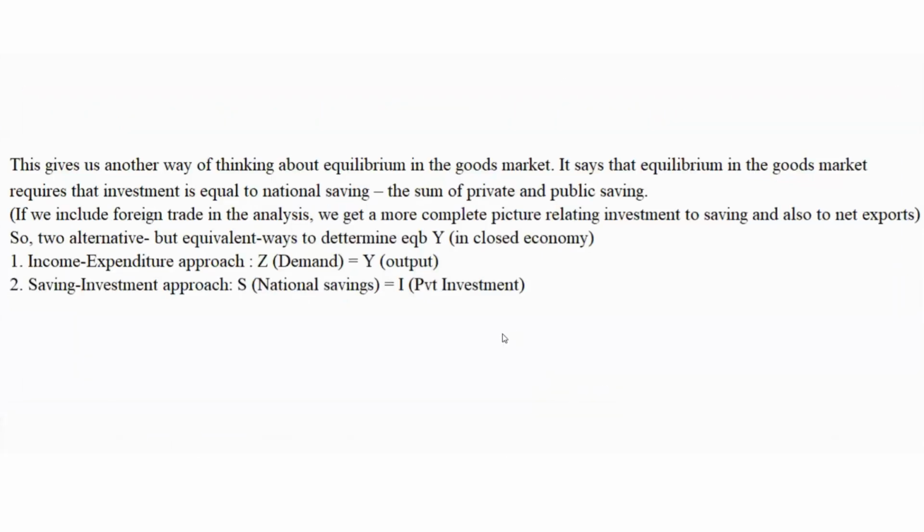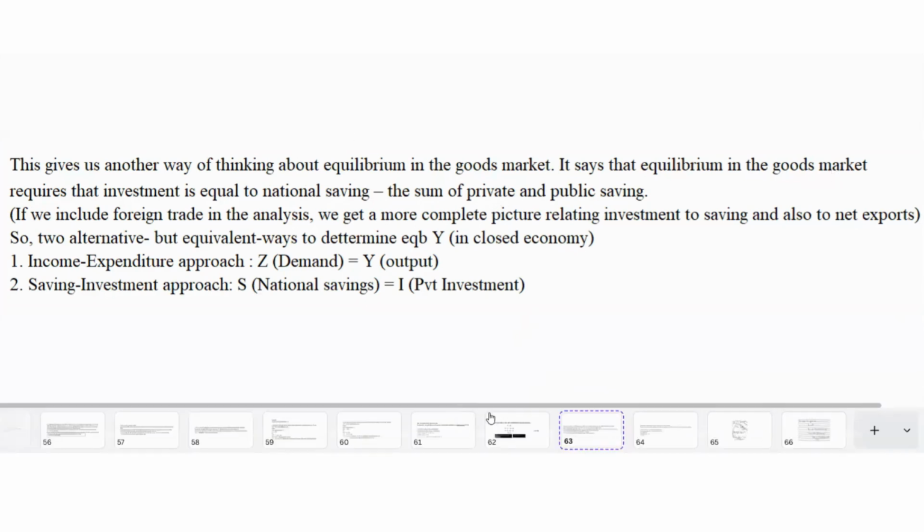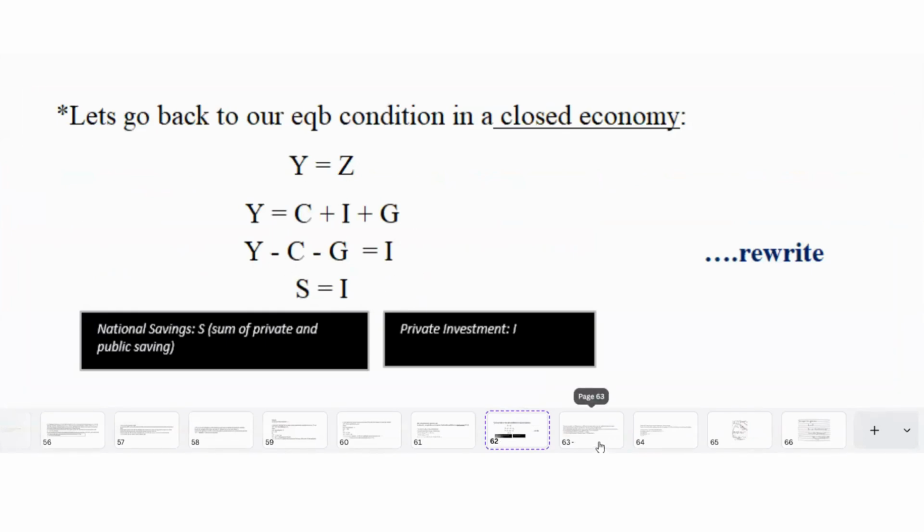If we include foreign trade in our analysis, we get a more complete picture which relates investment to savings and net exports. So this says that equilibrium in the goods market for a closed economy requires that investment is equal to national savings. If it were an open economy, then we would have to account for net exports too.